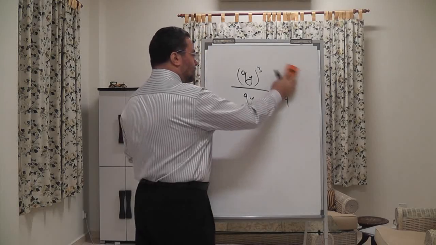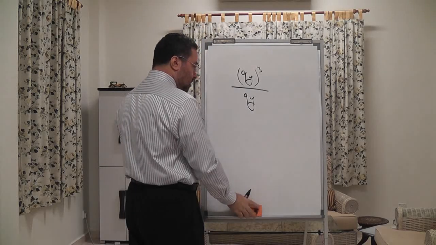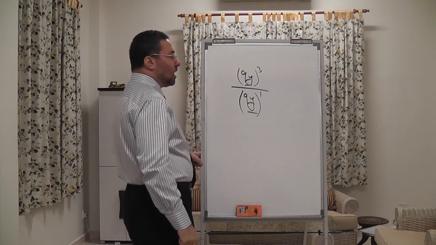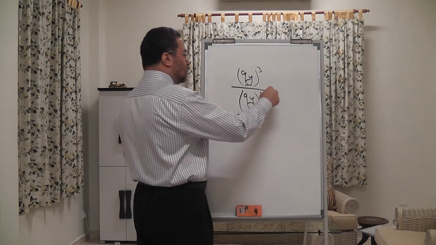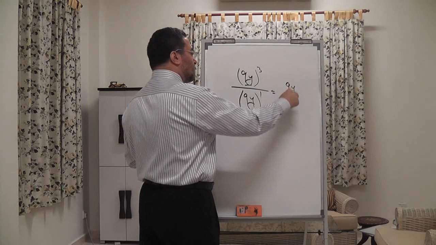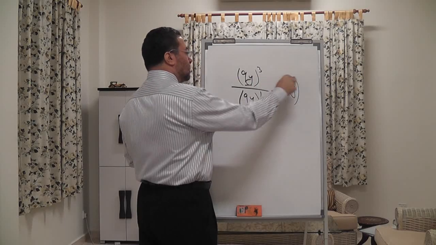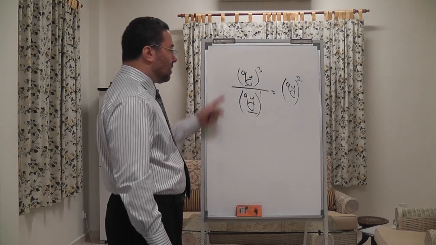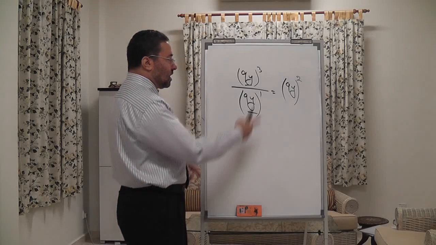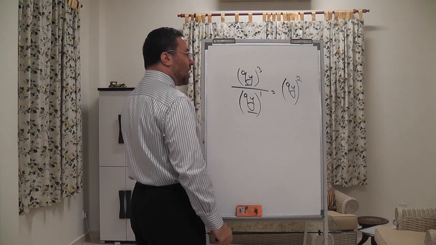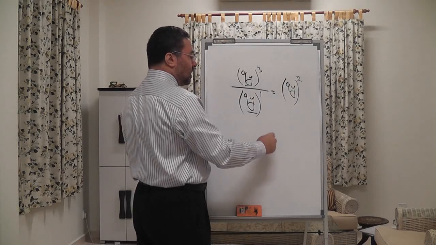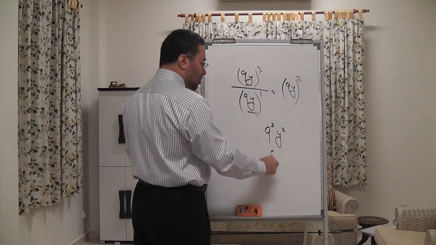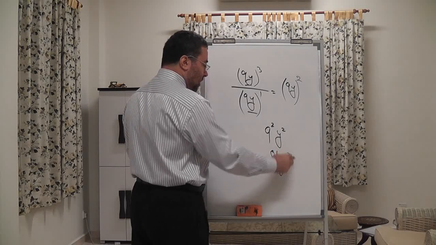Or, since these have the same number here, and this will be raised to 1, so we can say raised to 2, 3 minus 1, and we apply the rule for division, and right away we get 9y, the whole thing squared, and when you expand this it will be 9 squared y squared, and that will give you 81 y squared.